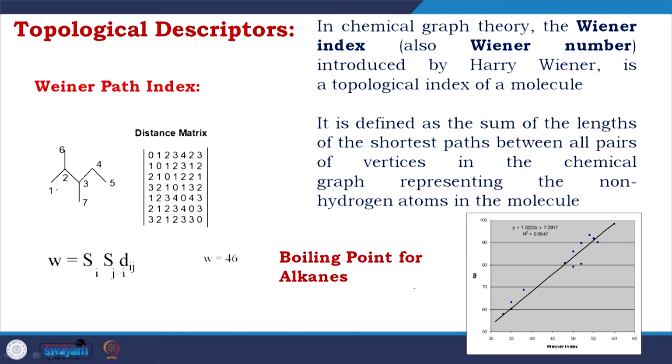When boiling points for alkanes are considered, the y axis is the boiling point and the x axis is the Wiener index. You see that there is a very nice correlation. So, you could successfully use topological descriptors like the Wiener number with the biological activity of the molecule.